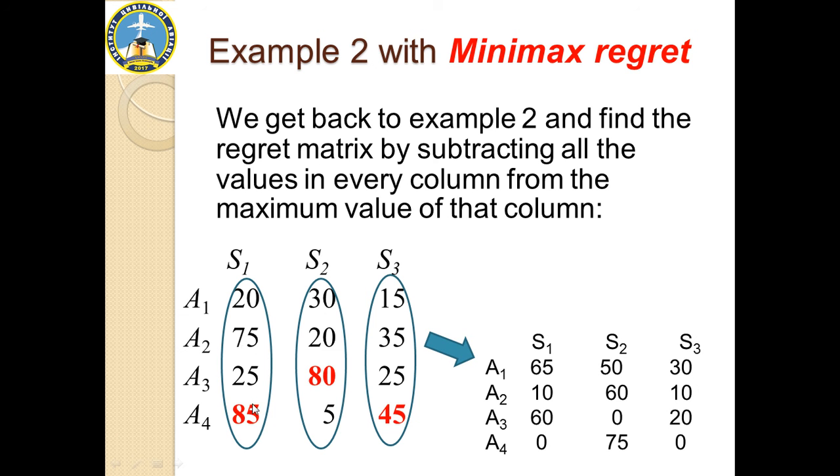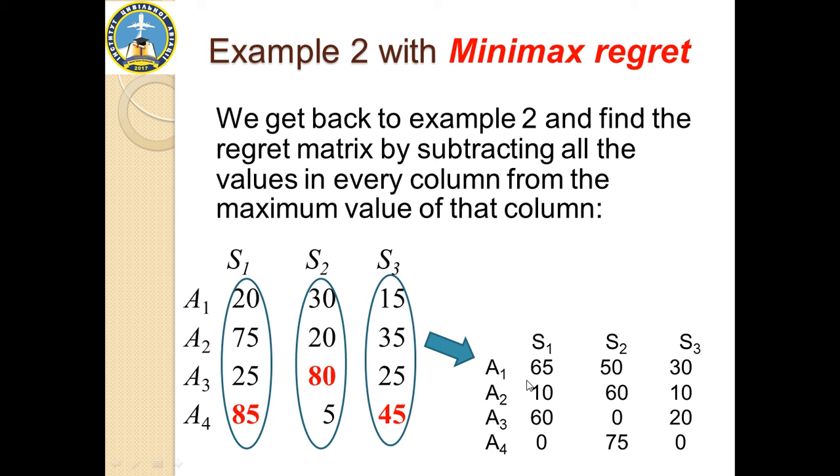It's less regret than in previous case. So we can obtain this by just subtracting this 75 from 85. We get 10. And regret here is 65. So we reduce our payoff from 85 to 20. The regret is 65.